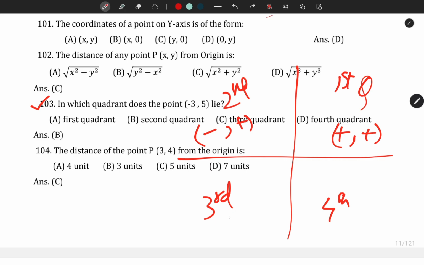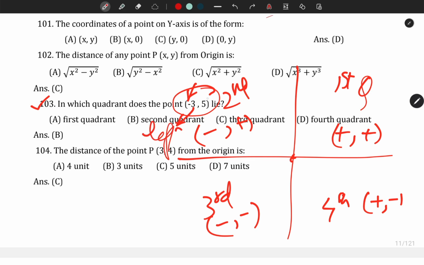Third quadrant, you have to go left and down, so x will be minus, y also will be minus. And fourth quadrant, we have to go right and down, so x will be plus and y will be minus. So in this case, we have negative and positive, that means we're going left from the origin first. This minus 3 tells us that we have to go 3 steps left and then 5 steps up. So from the origin, if you go left and up, we reach the second quadrant. So the correct option is second quadrant.